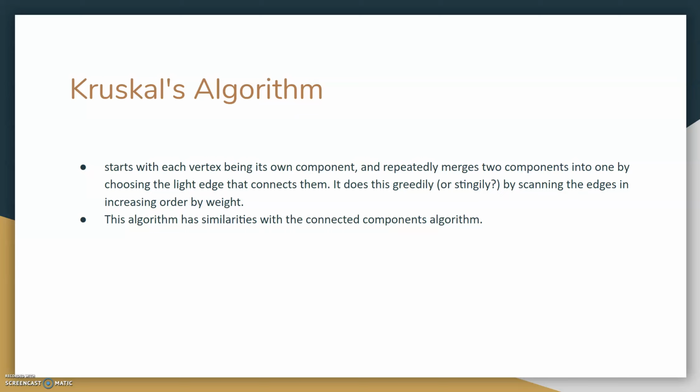That's what greedy means. And it scans the edges in increasing order by weight. This algorithm also has similarity with the connected components algorithm, which I think you already learned from breadth first search or depth first search, because depth first search computes the connected components.